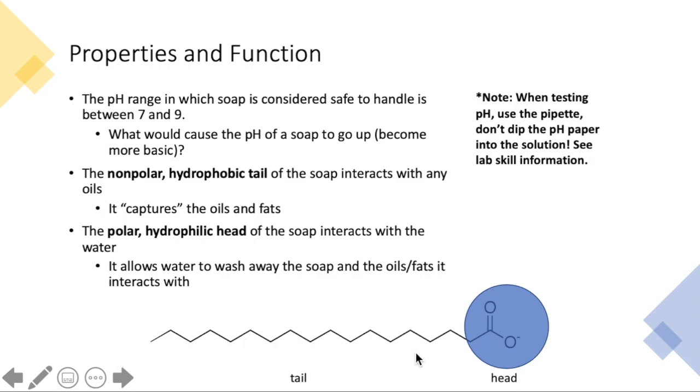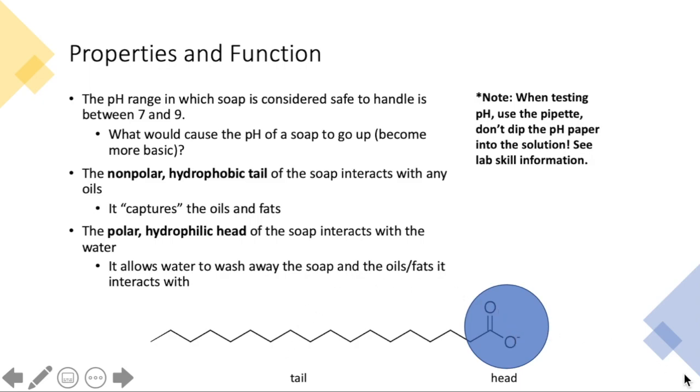So polar or hydrophilic heads of the molecules and nonpolar or hydrophobic tails of the molecules. This means that the nonpolar part can interact with oil and dirt, which are also nonpolar, and the polar head can interact with water, and that allows it to stick to the dirt and wash away with water.